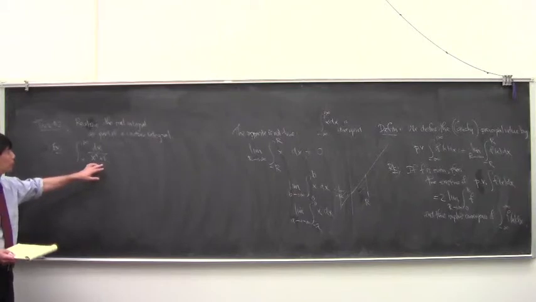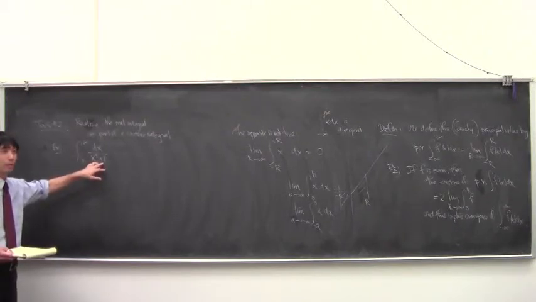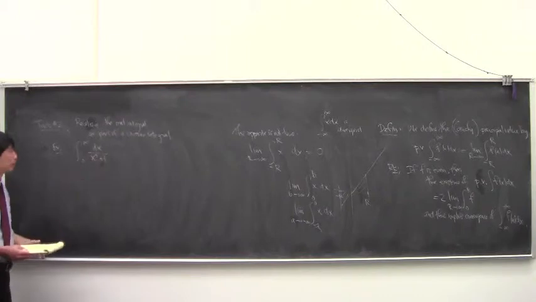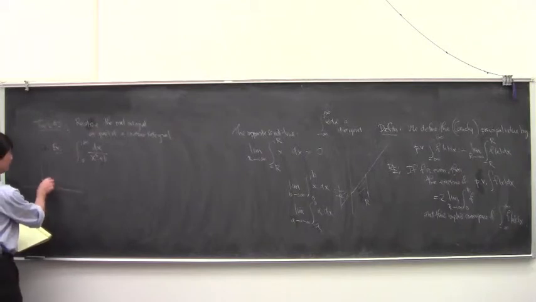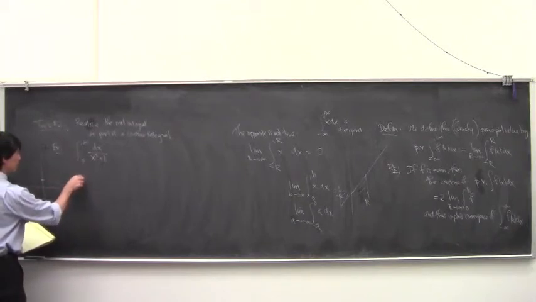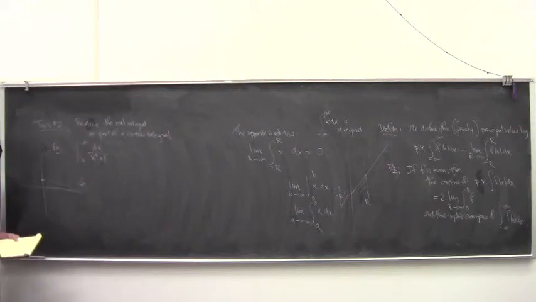Now, what do you say about this integral? Does this integral converge just from your knowledge of calculus? If you think about the function, at 0 it is 1, and then as you head off, it's basically like 1 over x to the 4th.